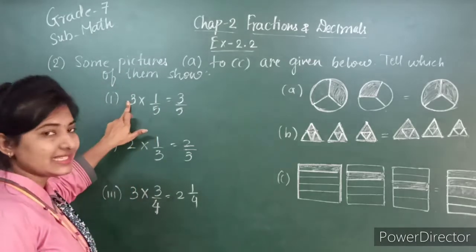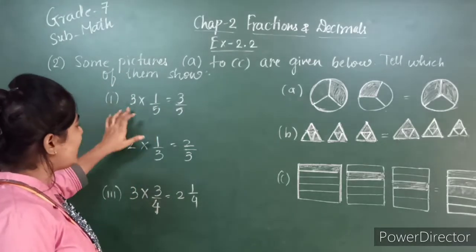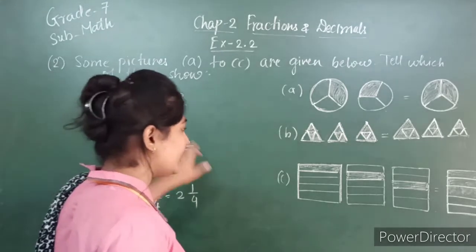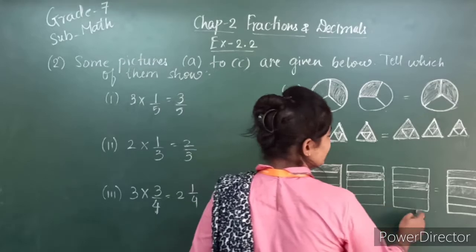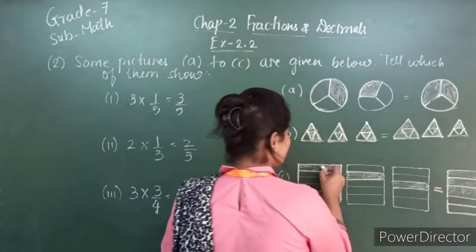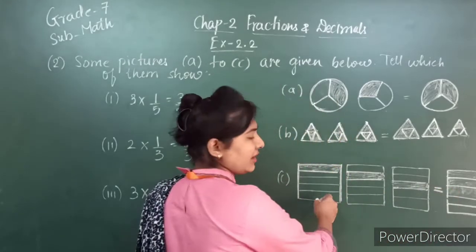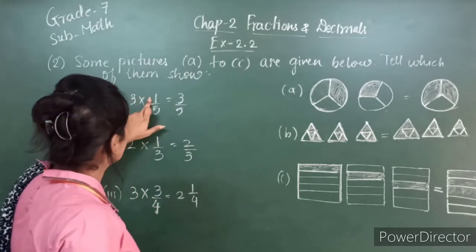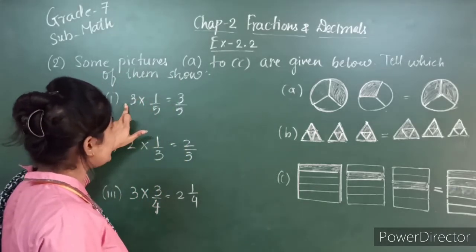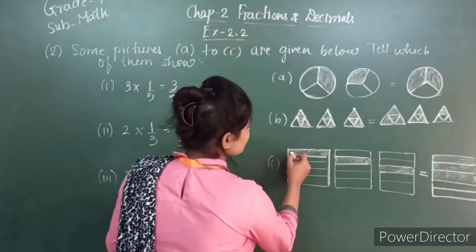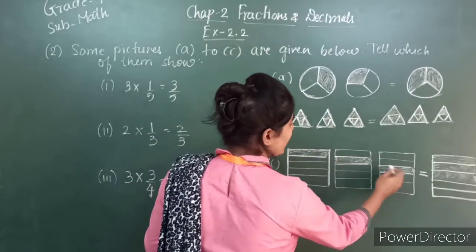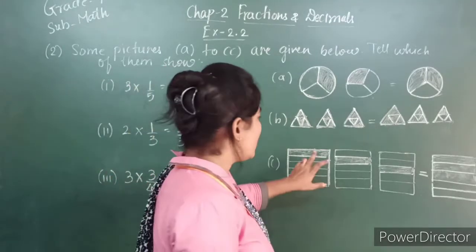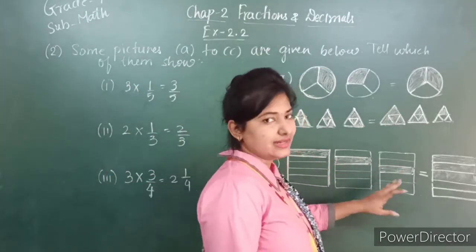But here 3 is given. So we have to find out the 3 pictures in which total 5 parts are there. So here 3 pictures are there in which total 1, 2, 3, 4 and 5 parts are there in each picture. And one portion of 3 pictures are shaded. So here 1 and here 1 and here 1. So in this 3 pictures one portion is shaded.